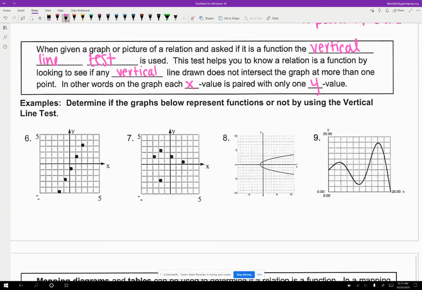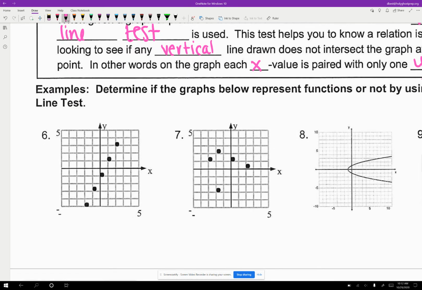And here's how the vertical line test works. If you're looking at number 6, you can take a highlighter or your pencil, and what it's saying is if you draw a vertical line anywhere on your graph, if it only passes through 1 point, which it does on this one, right, then yes, it is a function.